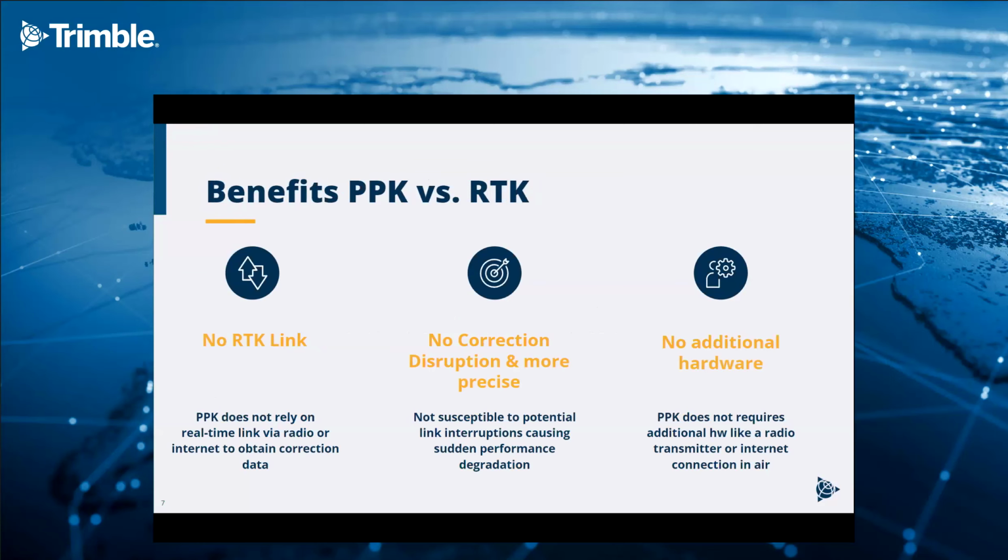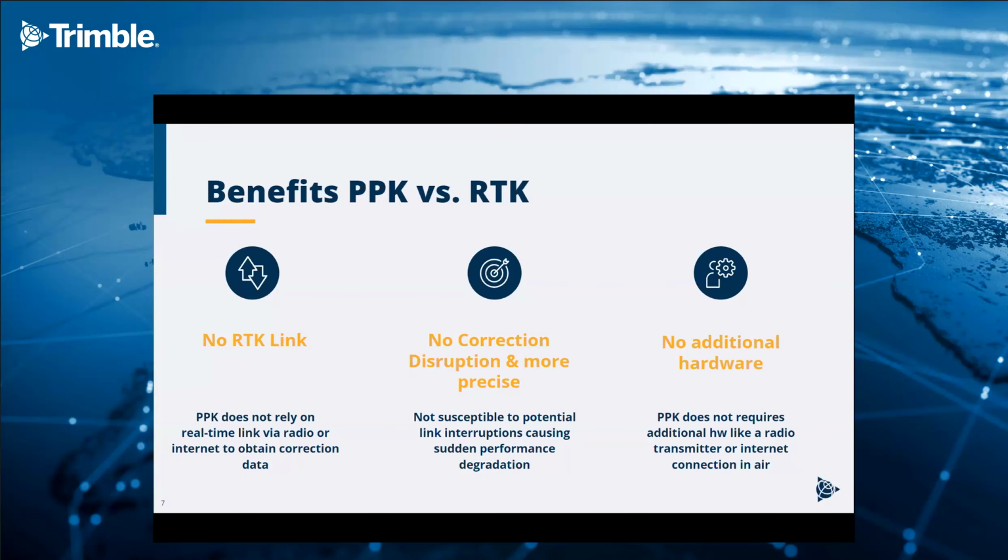Based on that, you already realize there are some benefits of PPK versus RTK. For instance, if you operate with RTK, obviously you need to have a real-time link. PPK does not rely on any kind of real-time link via a radio or internet to obtain correction data. We'll do the job later on.